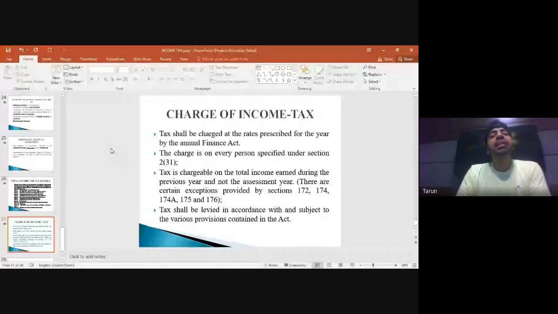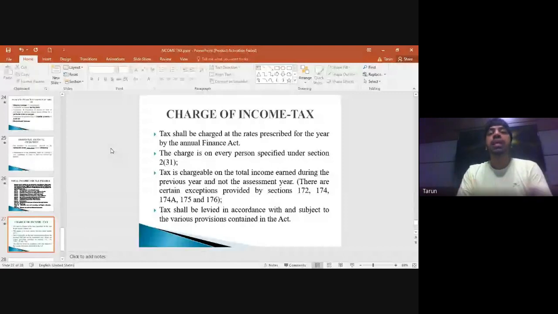The tax is chargeable on the total income earned during the previous year, not the assessment year. Whatever income you earn in the previous year, the taxes will be calculated on that income, right?